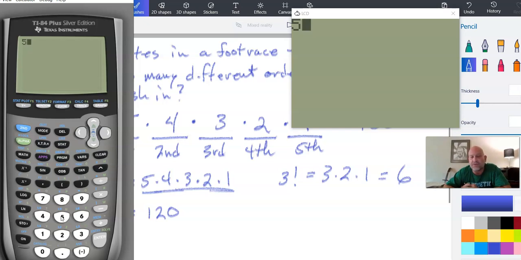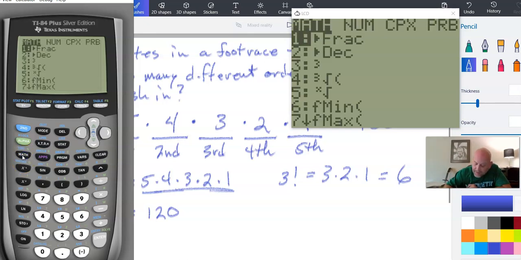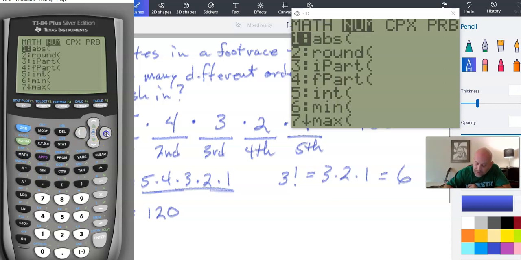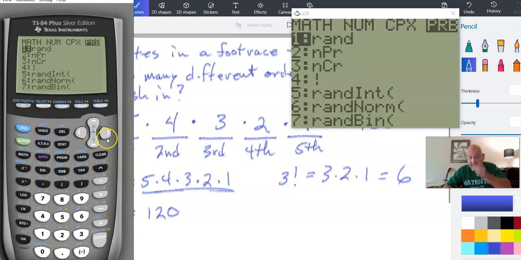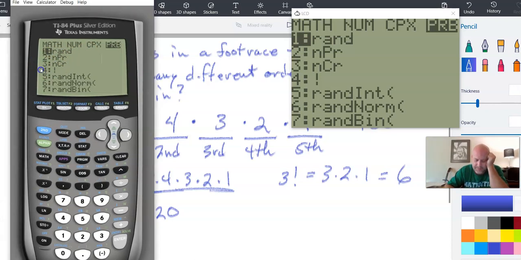If you have another calculator, there's usually a button that says probability or PRB or something like that. For the TI, you find the factorial under math, and then you move to the right across the top, using the arrows here on the calculator, to probability, and you notice that the 4th one down is a factorial.